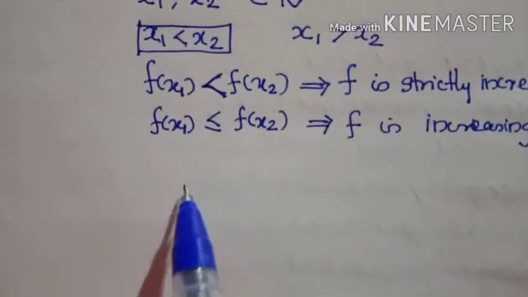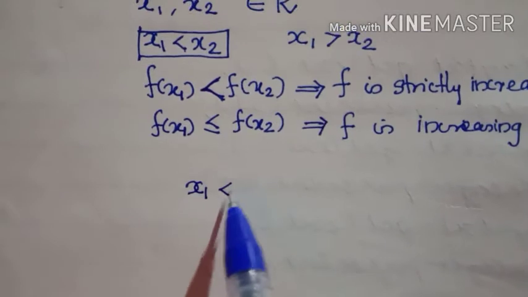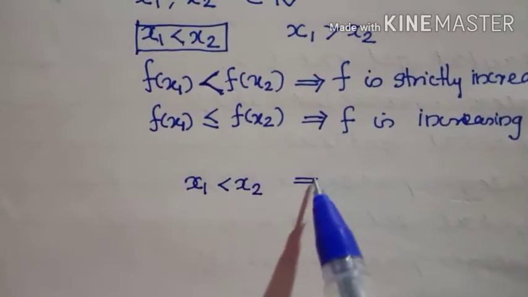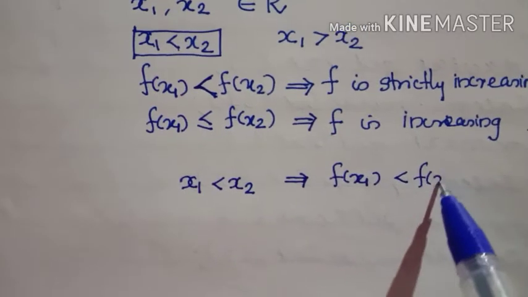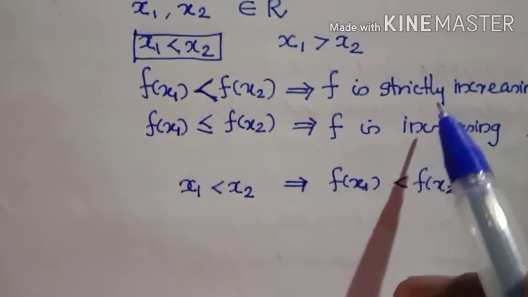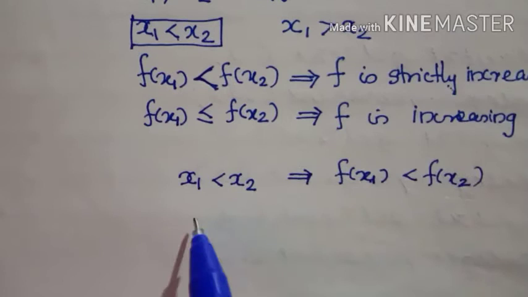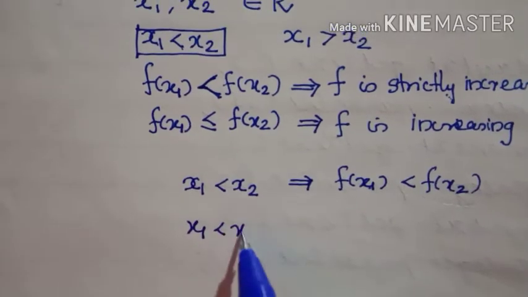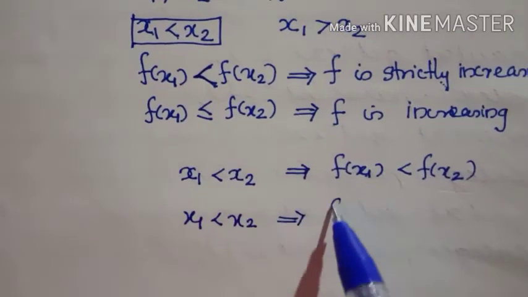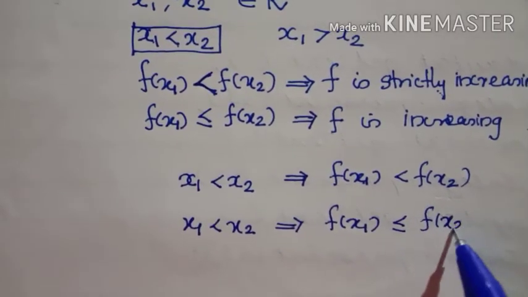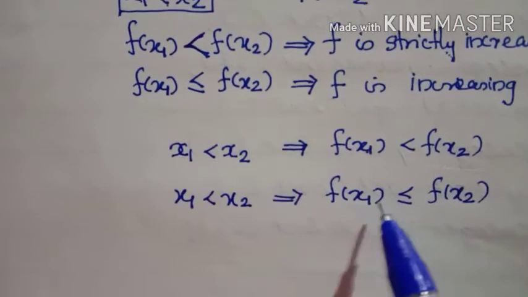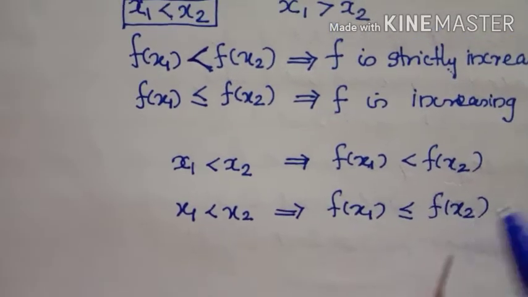You have to remember this by heart: if x1 is less than x2 implies f of x1 is less than f of x2, then the function is strictly increasing. If x1 is less than x2 implies f of x1 is less than or equal to f of x2, then the given function f is increasing.